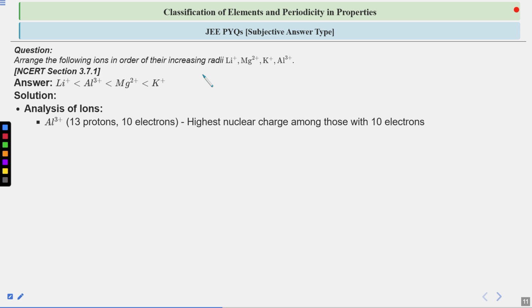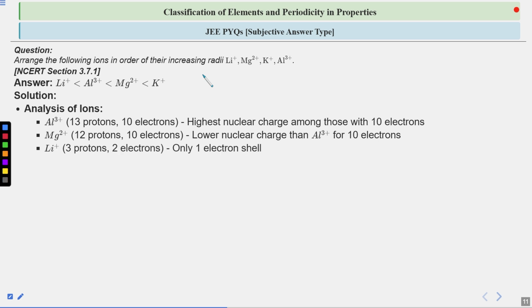So it has the highest nuclear charge with 10 electrons. Second, magnesium 2 plus. Here the number of protons has changed but the number of electrons is the same. But it has a lower nuclear charge as compared to aluminium 3 plus.